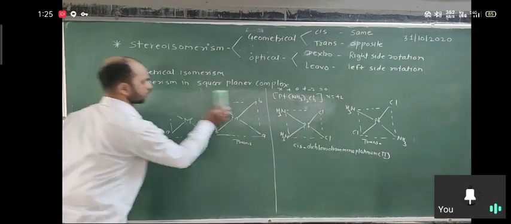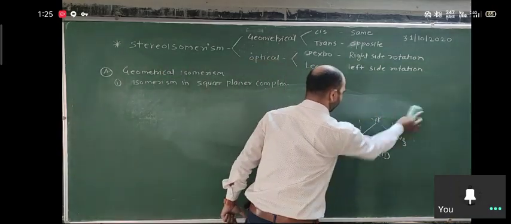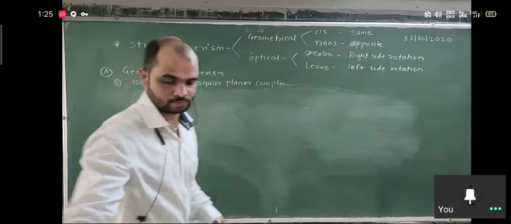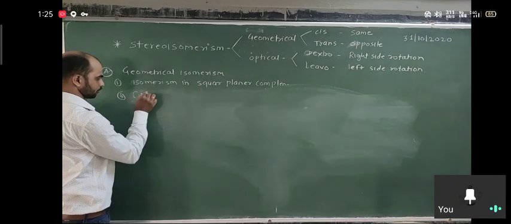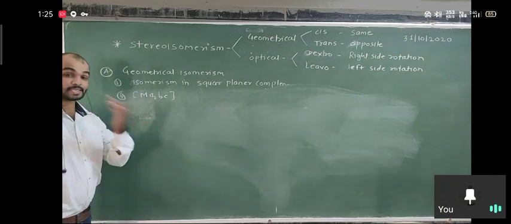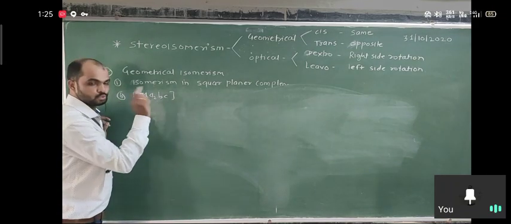Next we move to another type of complex, A2BC. That means here are three types of ligand. Two ligands are the same and the other two are different.